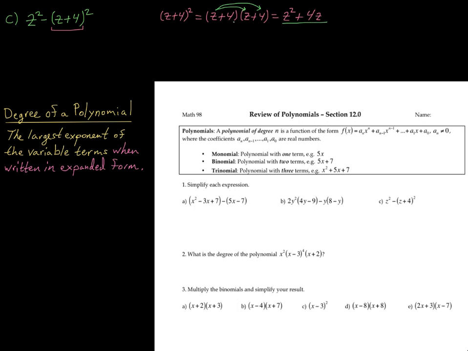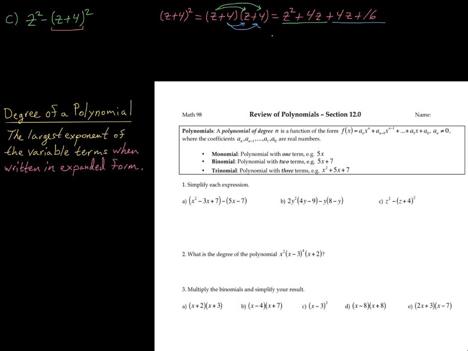And then we're going to distribute this 4. 4 times z is 4z, and then finally 4 times 4, that'd be a 16.